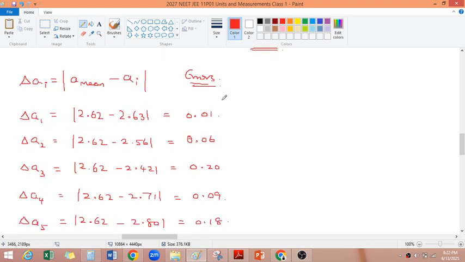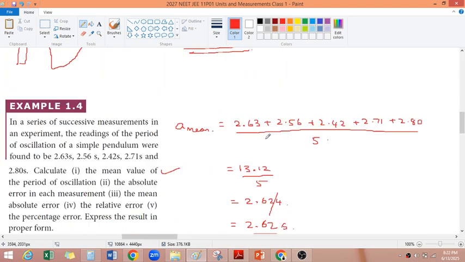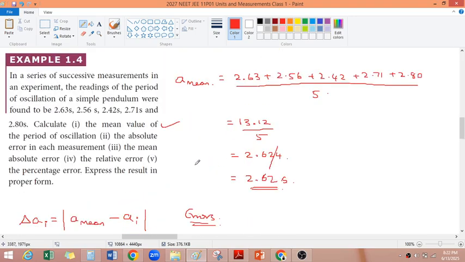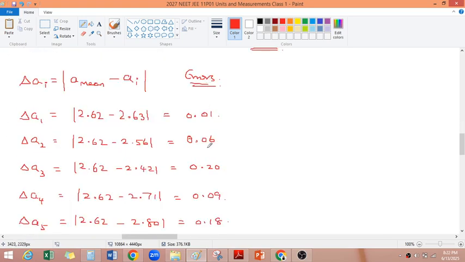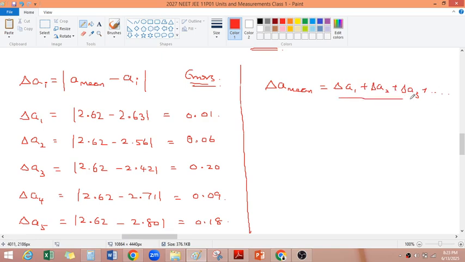Okay. So how much it is away from the mean point? That is what your errors are. So that means we found the absolute error in each. Mean absolute error. Mean absolute error means the mean of these values. So that means delta A mean is delta A1 plus delta A2 plus delta A3, so like that, you have to add all the errors divided by the number of errors.